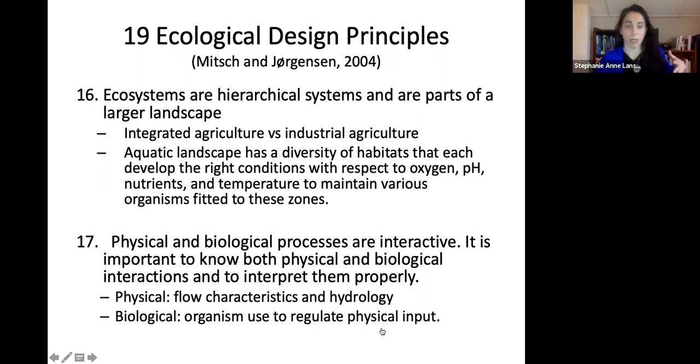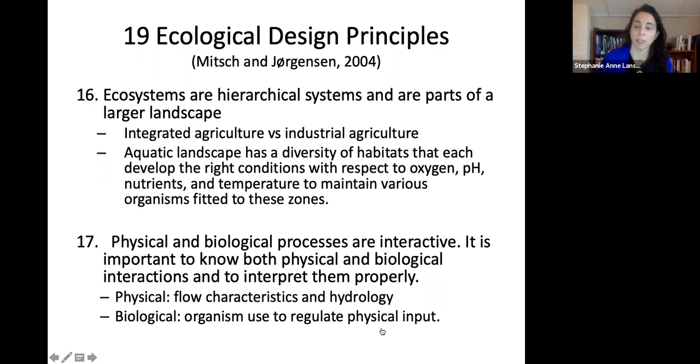So again, integrated agriculture, aquatic landscapes that have diversity, the right conditions in terms of pH, oxygen, temperature for various organisms fitted within those zones. So we need to think about the larger landscape when we're thinking about what species and what organisms and the design for our ecological engineering concept that's inside that larger landscape.